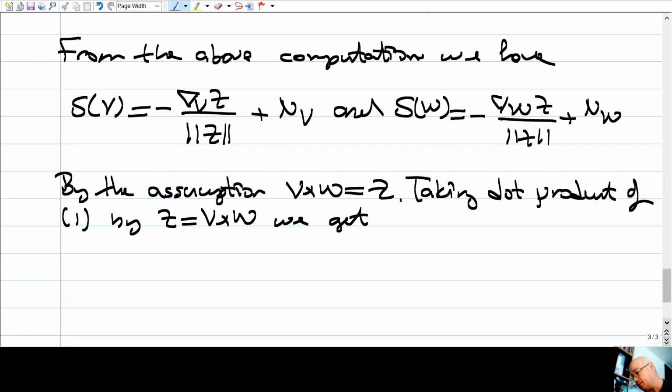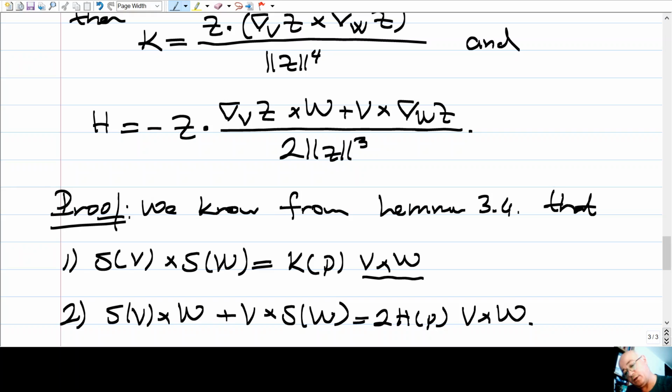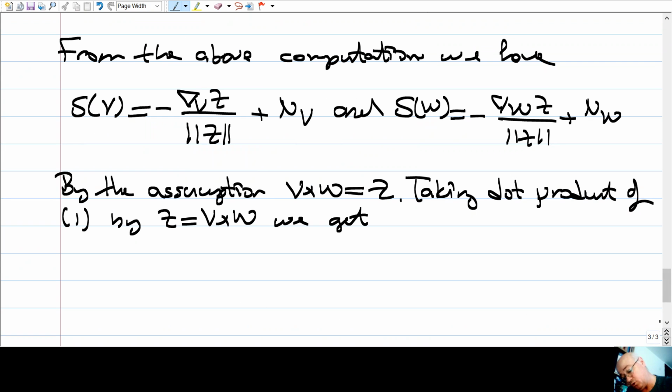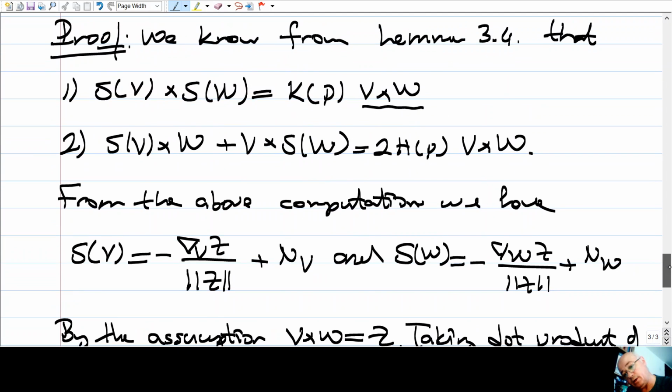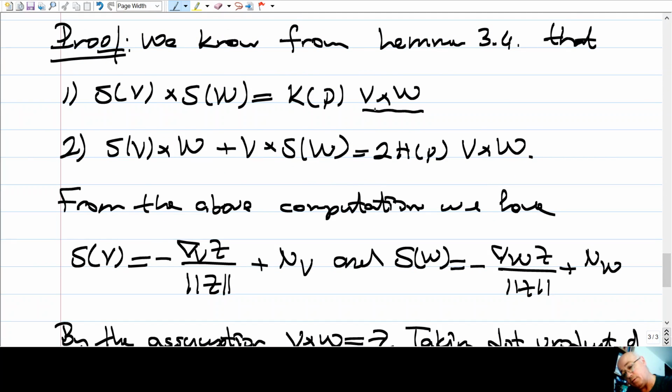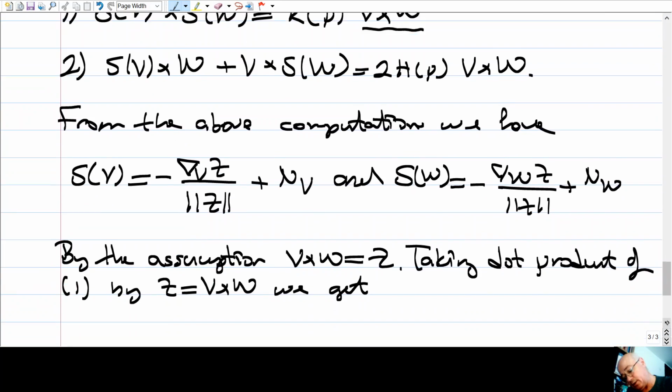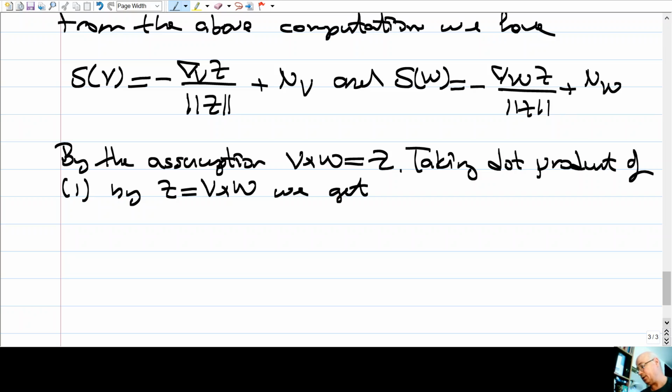We get this. So here I will have a dot product of Z with Z, so it will be norm of Z squared, and then I will divide this equation by the norm of Z squared, and we will get the following. Let me just write down.